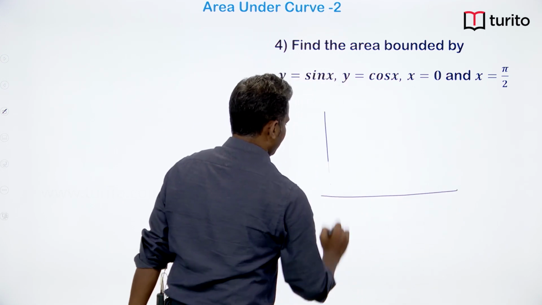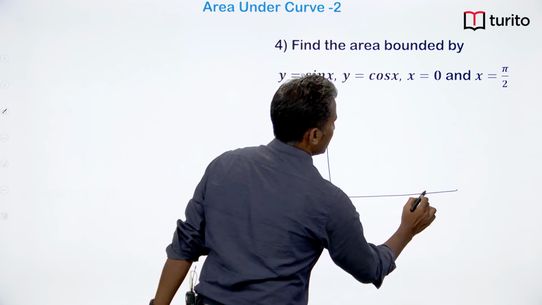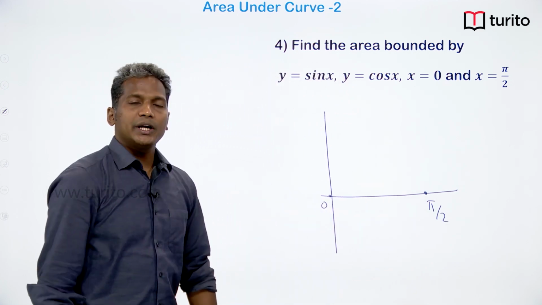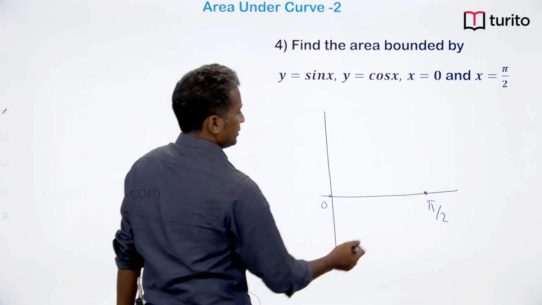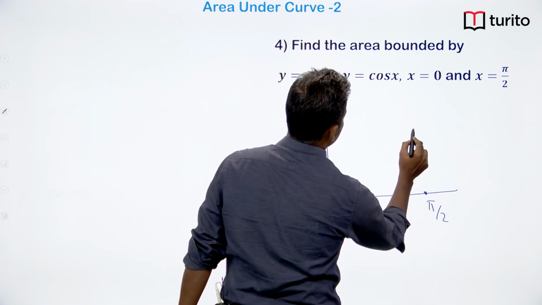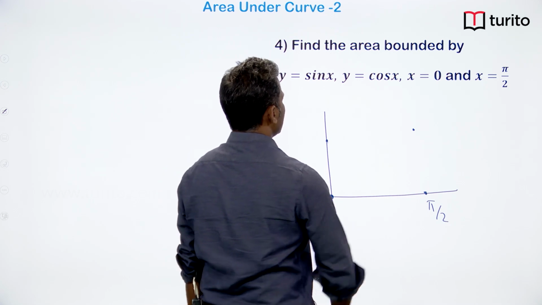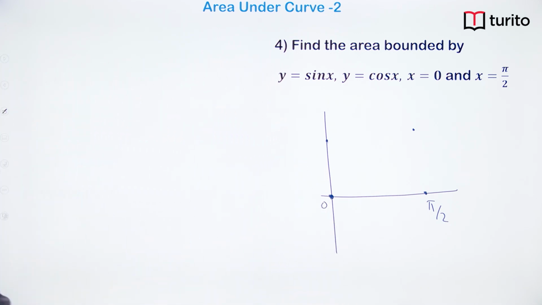So, let us say this is my y axis, this is 0, and let us say this is pi by 2. At pi by 2 output of sin x is 1, let us say this is 1, and at 0 output of sin x is 0.